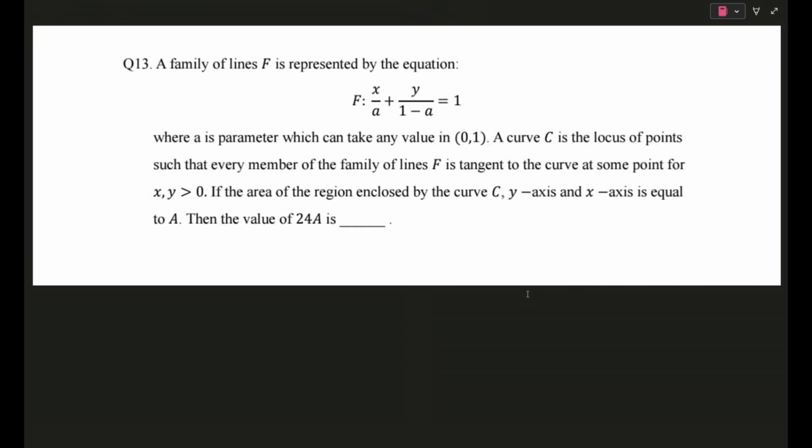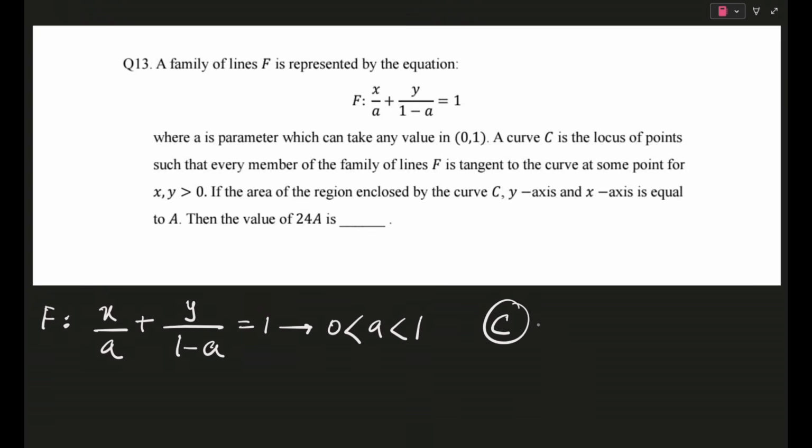So guys, starting off, first is the family of lines F is given to be x by a plus y by 1 minus a is equal to 1, where 0 is less than a is less than 1, right? So I can treat this curve C that we are talking about like an envelope.